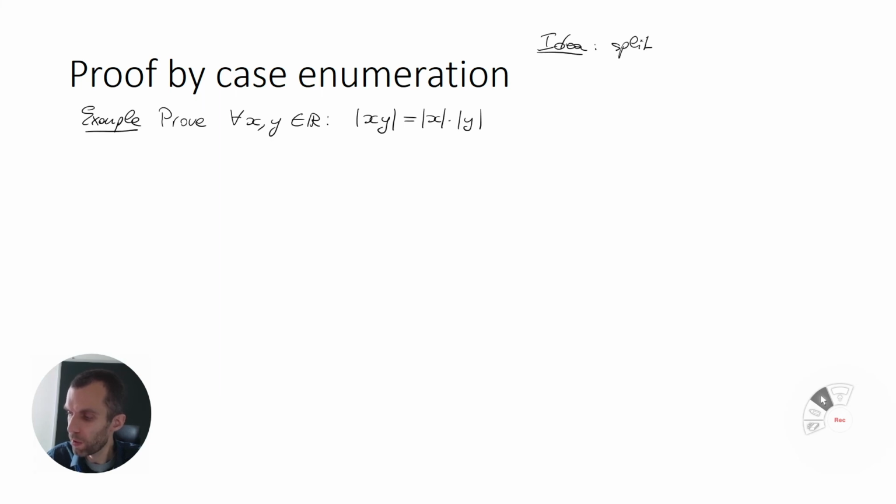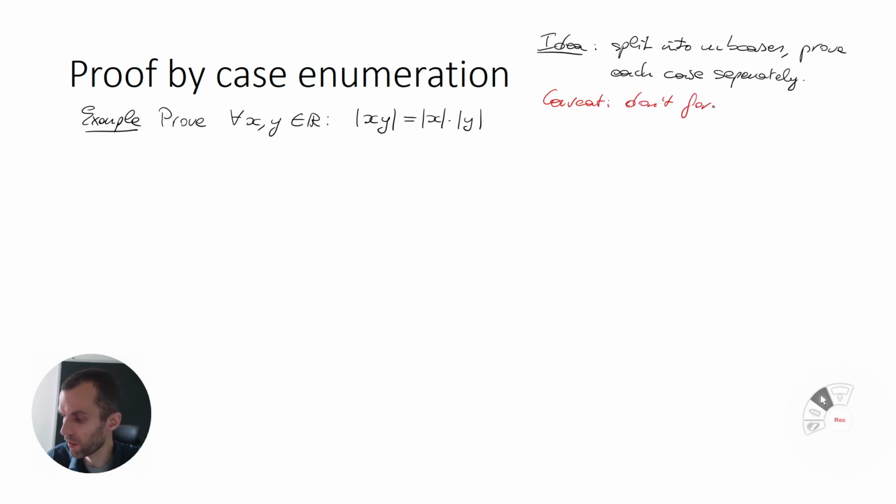And so here the idea that we're going to use is we're going to split into subcases and prove each case separately. And the caveat is don't forget any cases.